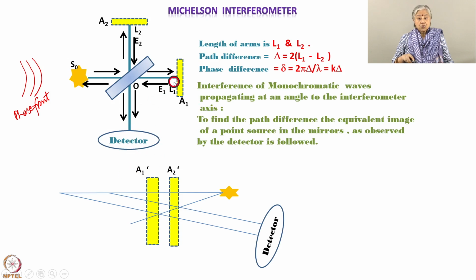Now, out of these two mirrors, one is movable. Say I allow A2 to be movable and A1 is fixed. L2 is the arm length from here to here, and L1 is the arm length of the other arm. If I feel like it, I can move this mirror and change the difference L1 minus L2. If I do not, I just leave it as it is.